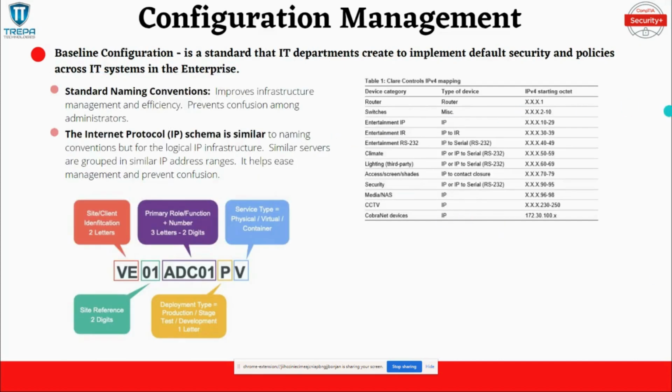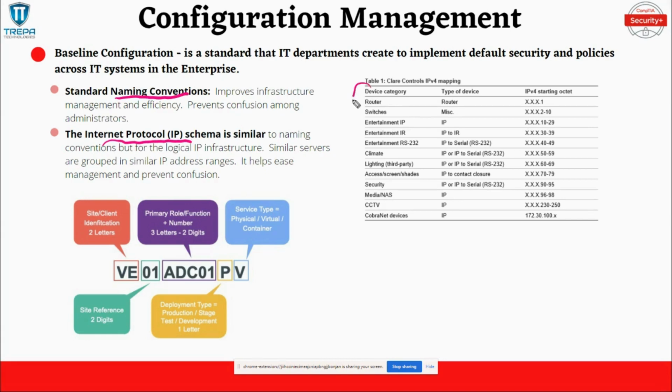So more configuration management is the baseline configuration. And this is a standard that IT or cybersecurity personnel implement and enforce to have default security and policies across all their systems. So the baseline configuration could be a naming convention, the IP schema, which means pretty much, okay, is our default gateway going to be the first address?